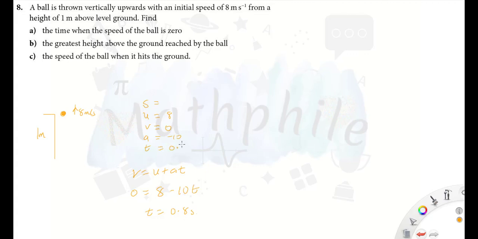So 0.8. The next question says we should find the height above the ground reached by the ball. So again, I can find S using S equals... no, I won't use a T. I'm going to use V squared equals U squared plus 2as.